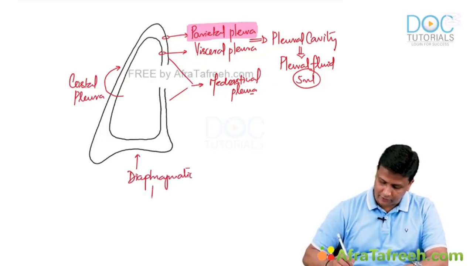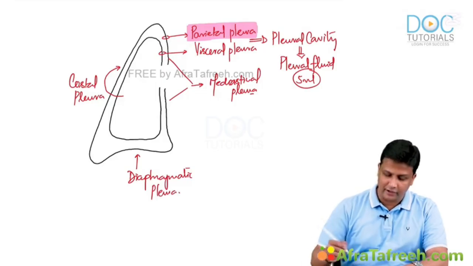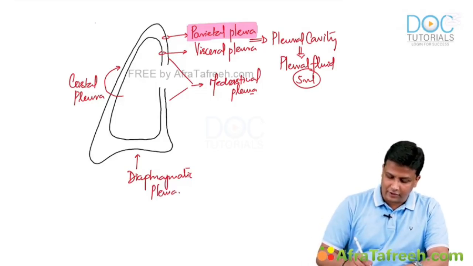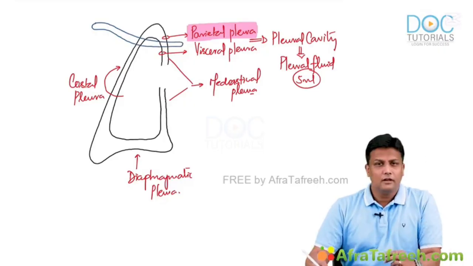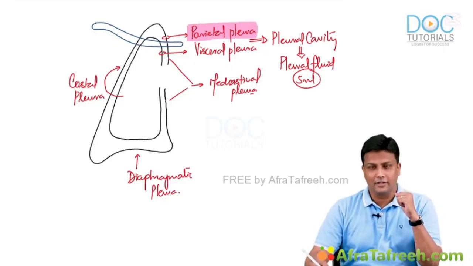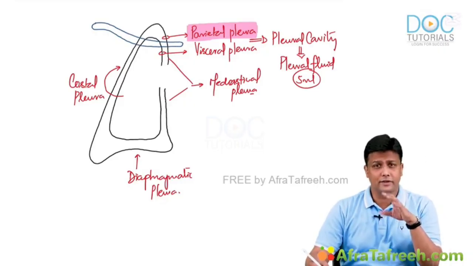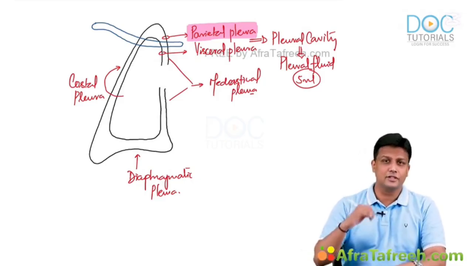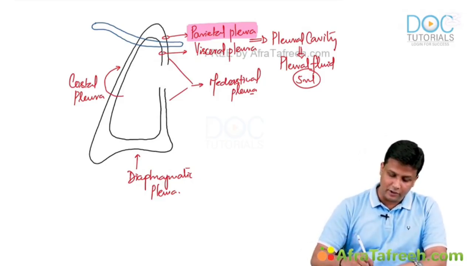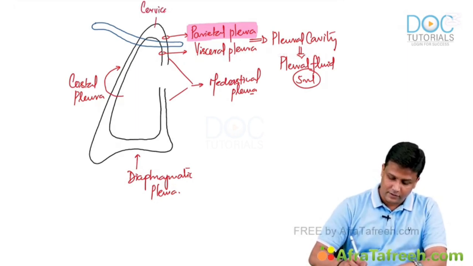And finally, just imagine your clavicle here, your collarbone, and the apex of the lung will be projecting a little bit above the clavicle there. If you want to be more specific, it will be almost 2.5 centimeter just above that clavicle. That is the region which is covered by the pleura, and that pleura is referred to as your cervical pleura.